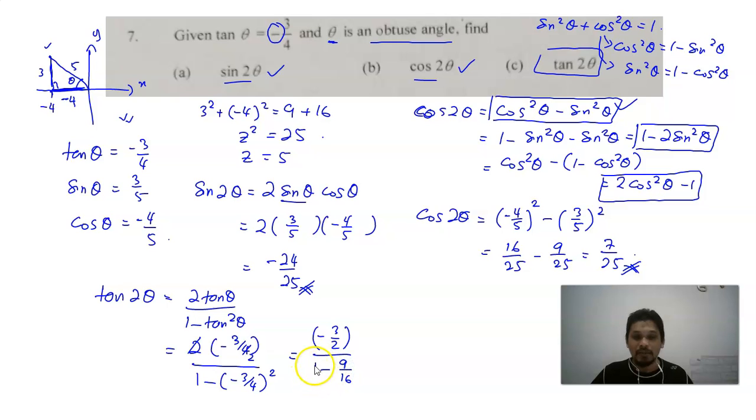So it's a round figure with a fraction. Turn this into 16 over 16. Now negative 3 over 2 divided by 16 minus 9 over 16, which is 7 over 16. Bring the bottom above, so it equals 16 divided by 7.